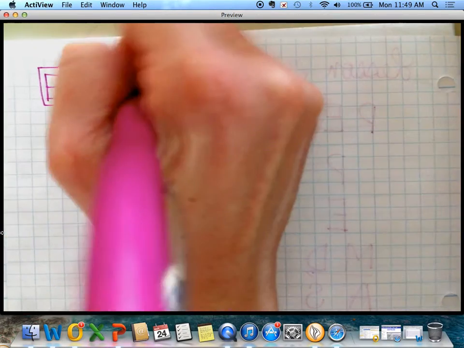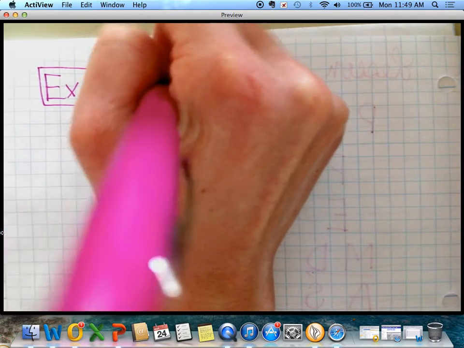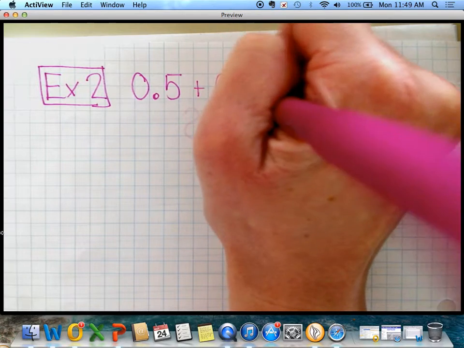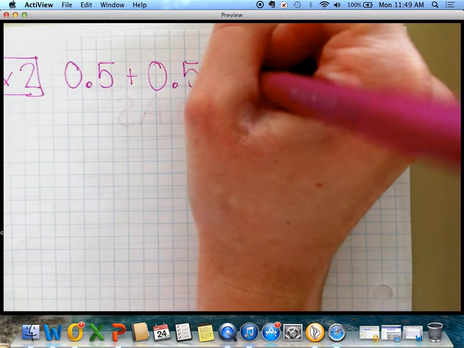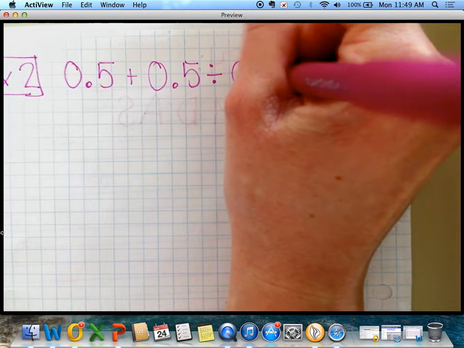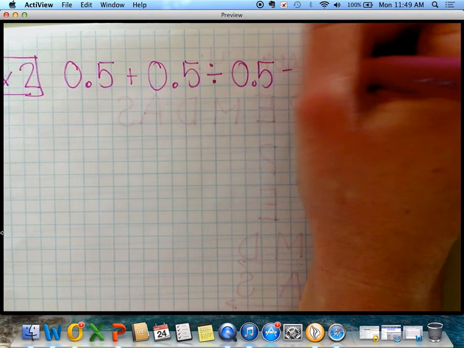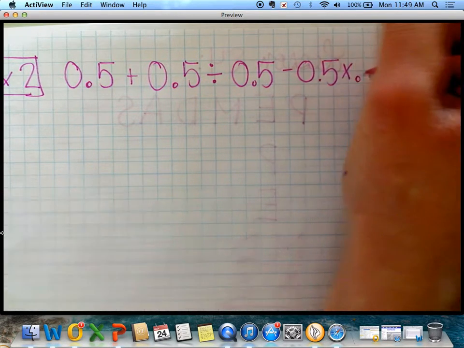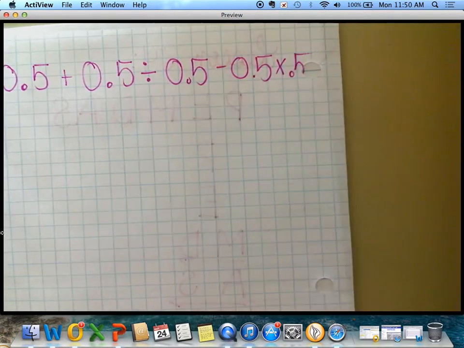We're going to include decimals. Oops, ran out of room there.